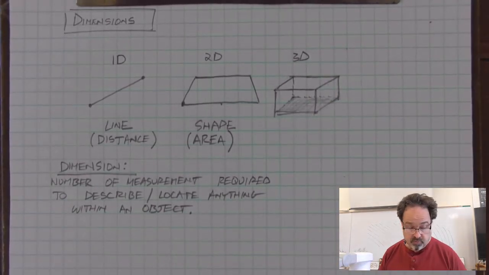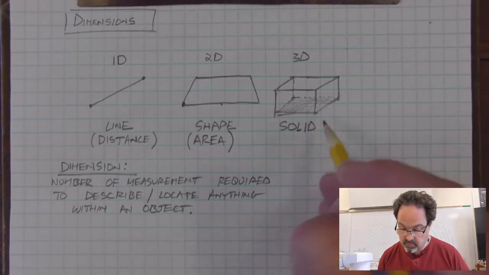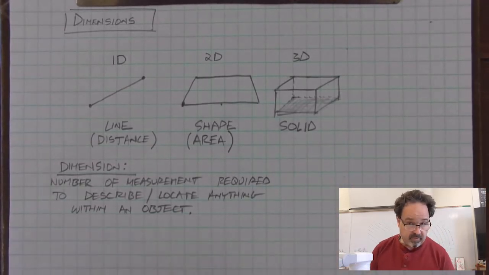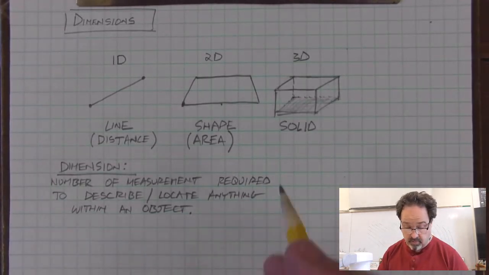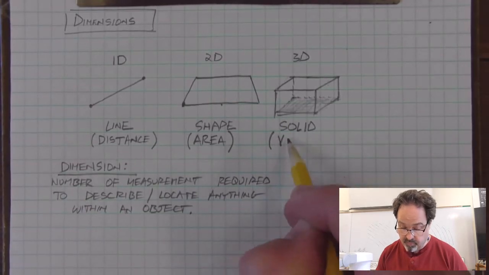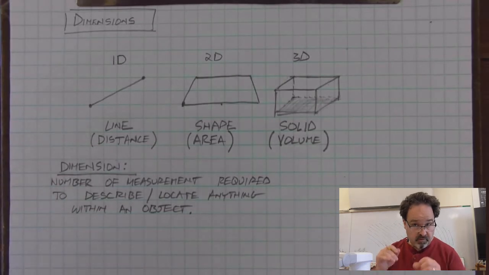Objects that are 3-dimensional are called solids or a solid. And when we measure a solid, we are measuring volume, the amount of space that fills the solid.